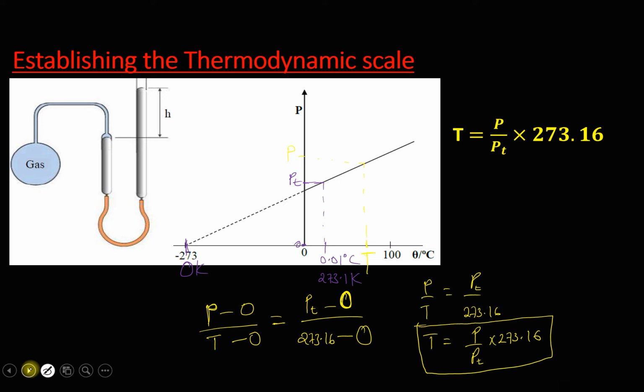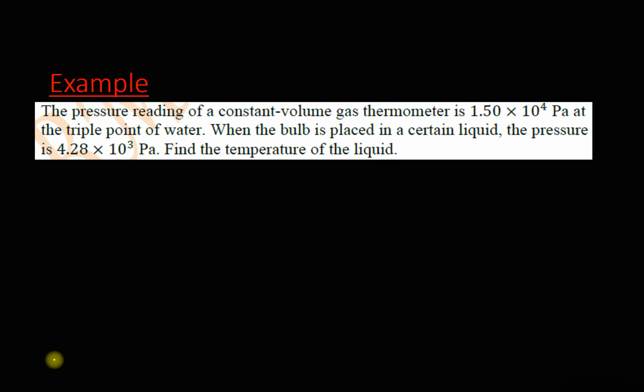Okay. So the pressure reading of a constant volume gas thermometer is 1.5 times 10 to the power 4 pascals at the triple point of water. When the bulb is placed in a certain liquid, the pressure is 4.28 times 10 to the power 3 pascals. Find the temperature of the liquid.